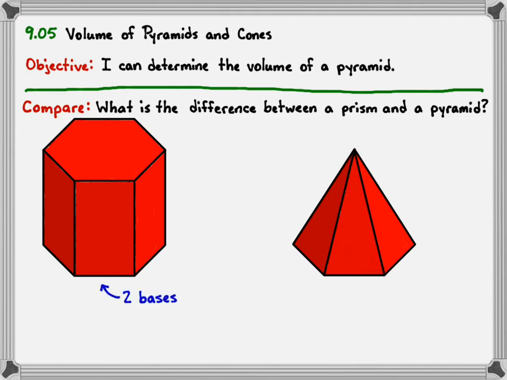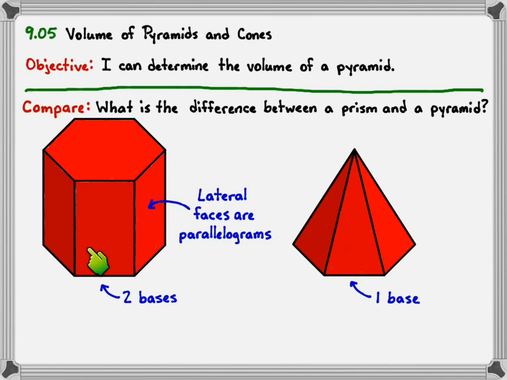So just some terminology here. In the first case, we have two bases. Those are both hexagons. They are parallel and congruent. In the second case, we only have one base. It is also a hexagon, but there's only one of them. In a prism, the lateral faces, or the faces that are coming out of the base, are parallelograms, like a rectangle or something of that nature.